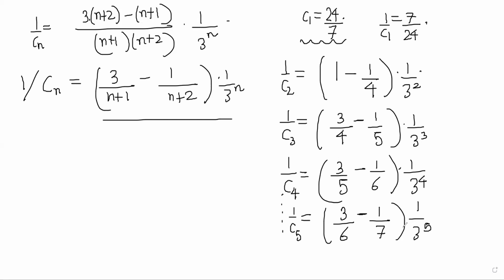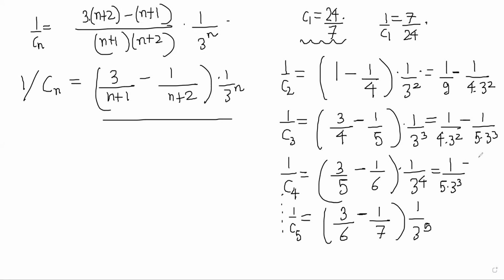When you multiply the 3 square, 3 cube inside, then they are cancelling. So if you multiply it out and write, it will be 1 by 9 minus 1 by 4 into 3 square. Same thing is coming down: 1 by 4 into 3 square, minus 1 by 5 into 3 cube. Oh, okay. Thank God. It is becoming telescoping, right?